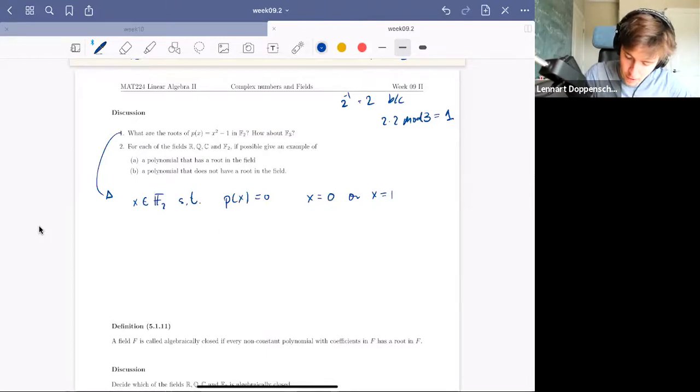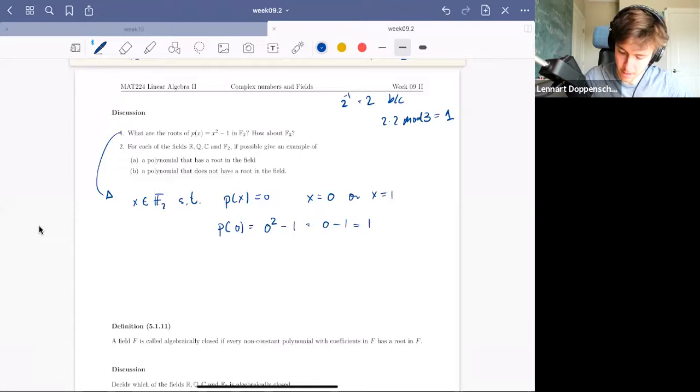Well, if we now compute p of 0, it is 0 squared minus 1. This is 0 minus 1. This is 1.